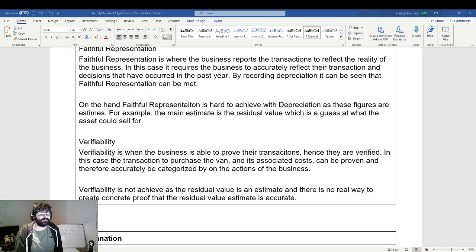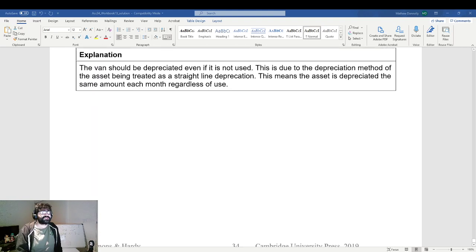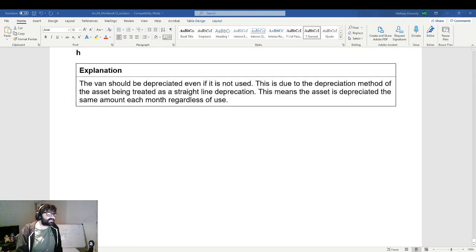And that's why verifiability is such a good answer as well. Because essentially, depreciation is an estimate, and H, make sure you remember that straight line is going to be month on month on month. Doesn't matter how often it's used. If you want to go by how it's used, realistically you're probably looking at your reducing balance, because that can be done based on the amount of use.